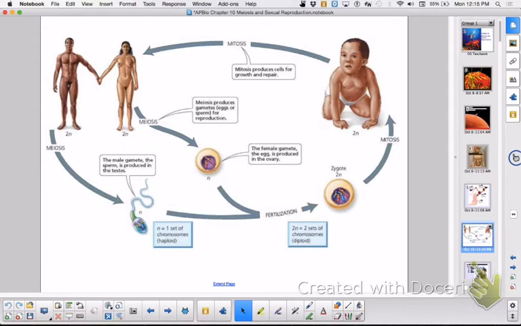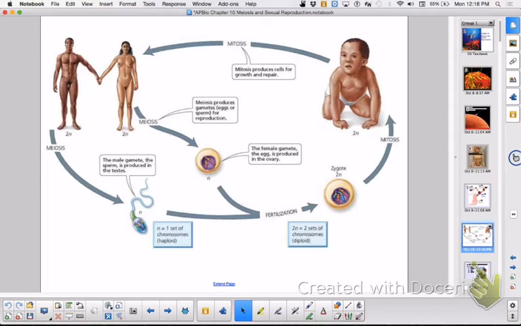Comparing mitosis to meiosis, meiosis has how many divisions? 2. And in meiosis 1, what are we separating? No, the homologous pairs. Homologous pairs, the mom-dad chromosomes, right? And in meiosis 2, we are separating the sister chromatids.